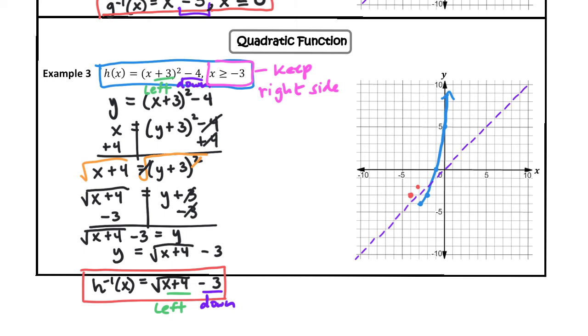If it's greater than, we're going to keep it positive. I'm trying to think of a different color to use here. I don't know. Let's say this one. Okay. Positive because of the greater than symbol.